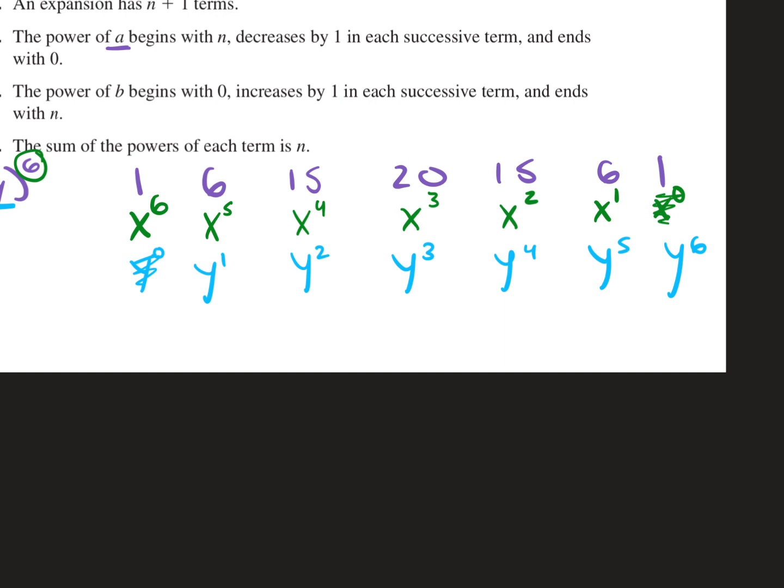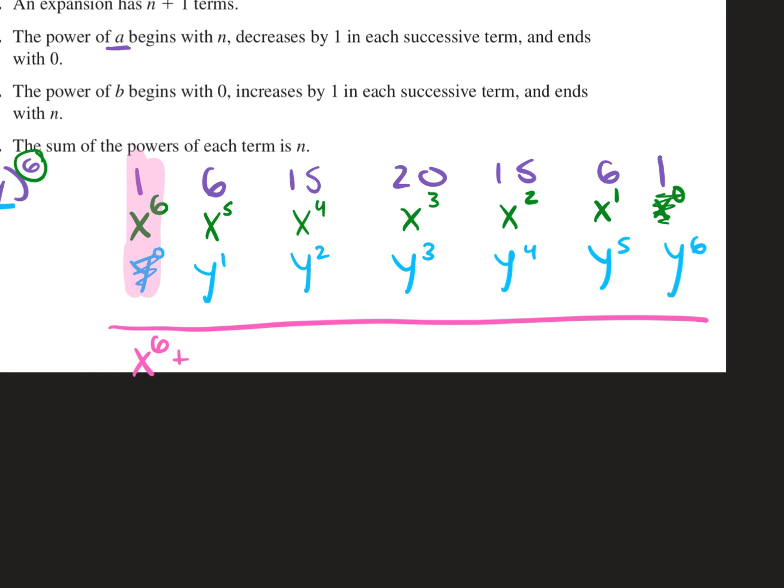Now when we write all of this together for our answer, we're just going to keep each column and multiply our terms together. So this would be 1 times x to the 6th power, which would be what? X to the 6th power.